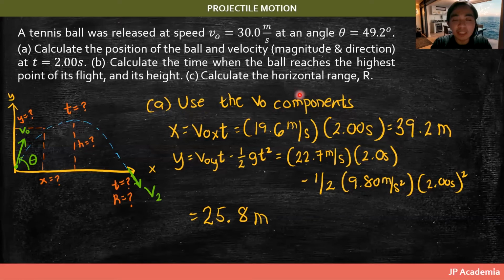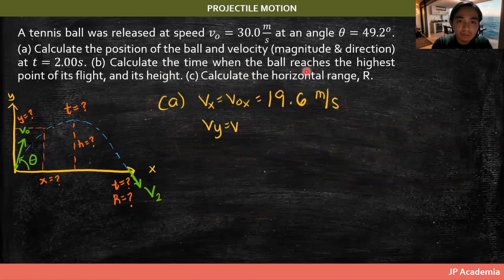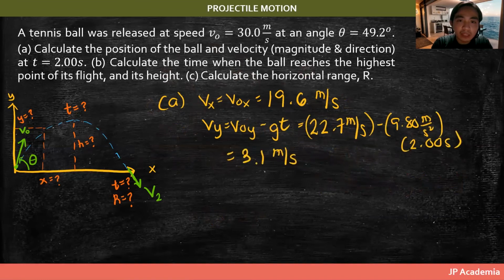Okay, so alam na natin si x and alam na natin si y. Nakuha rin natin yung components ni velocity natin for this case. And to get the magnitude of the velocity and the direction, alam na natin yung kanyang x and y components.